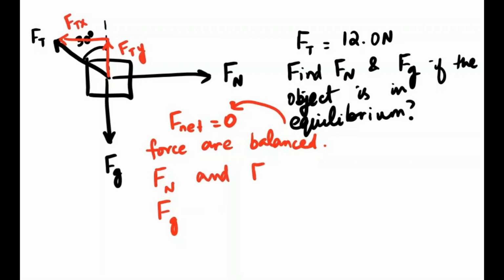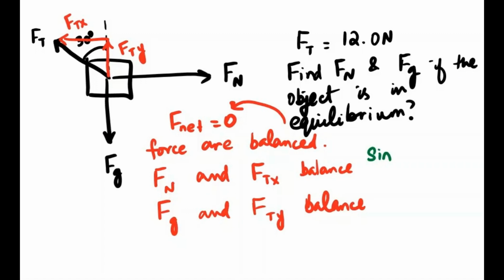Now if I look at the angles of this triangle, Ftx is actually going to be my opposite side in this triangle. But I also see that the normal force is going to be balanced by the x component, and the gravitational force is balanced by the y component of the tension force.